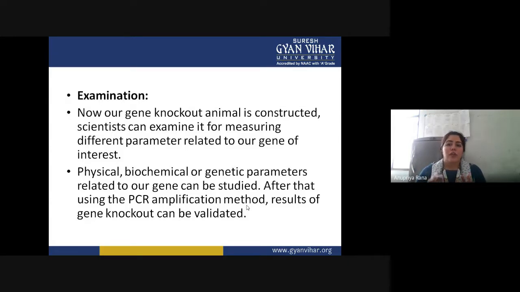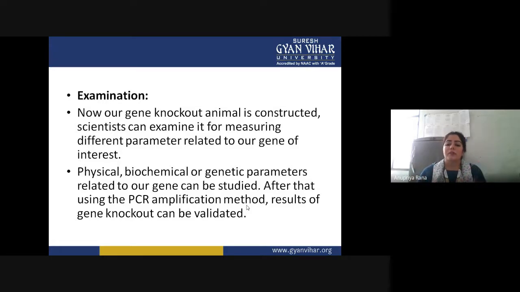The mice we get will be naked mice, because the gene that codes the protein for fur formation has already been revoked, or deleted. So the whole gene examination is also under phenotypic conditions. These are known as physical, biochemical, or genetic parameters.